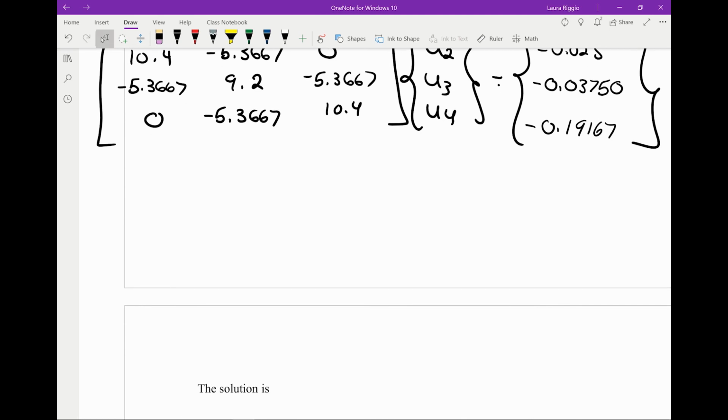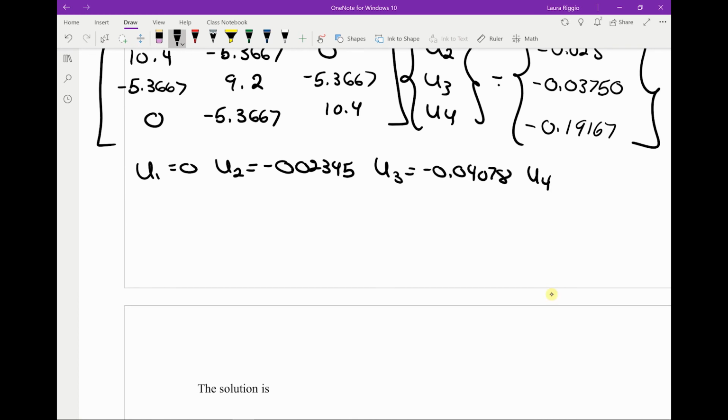And in this case, our solution is U1 equals 0, U2 equals minus 0.02345, U3 equals minus 0.04078, U4 is minus 0.03947, U5 is equal to 0.